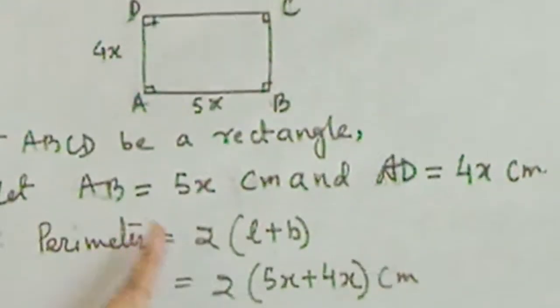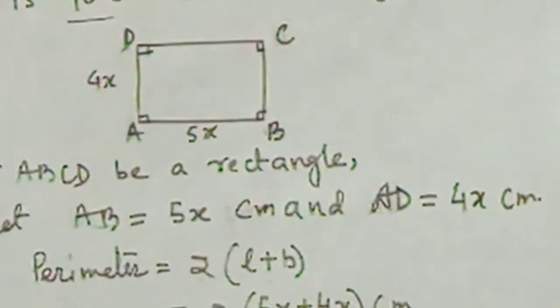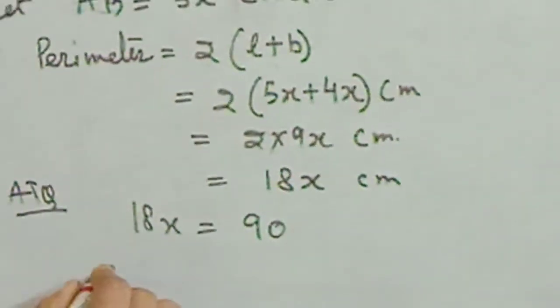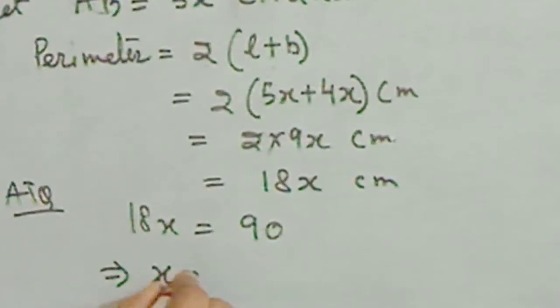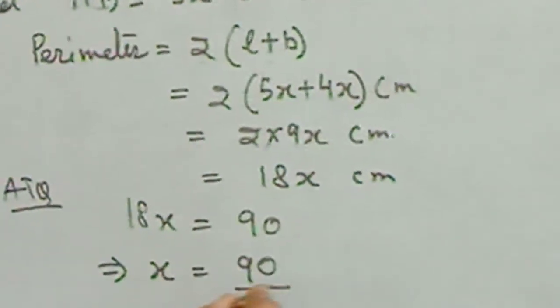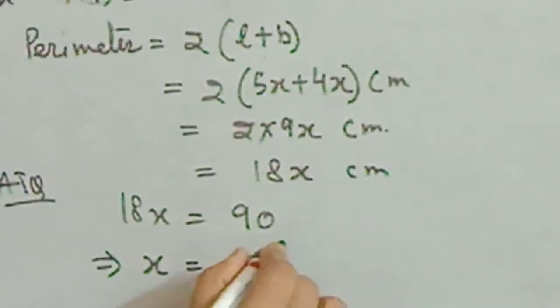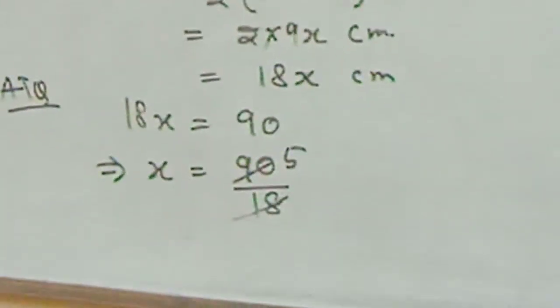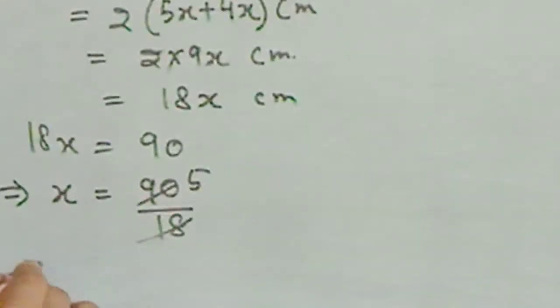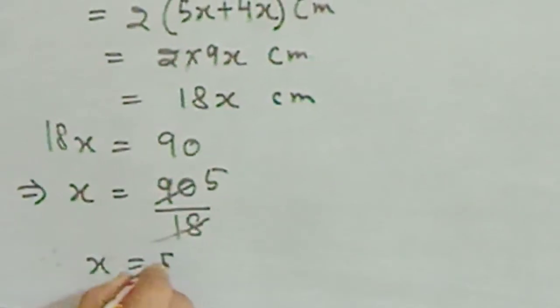We can compare this perimeter with the given perimeter of this rectangle. So the value of x is equal to 90 by 18. Therefore the value of x is equal to 5.